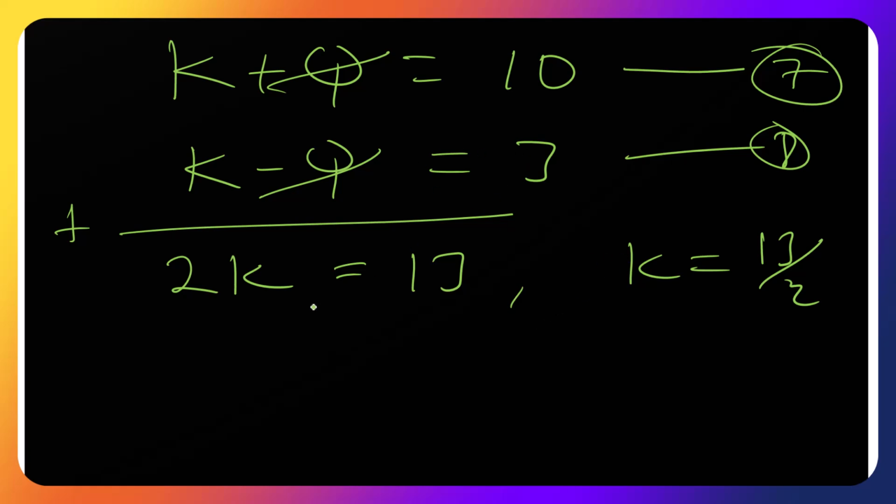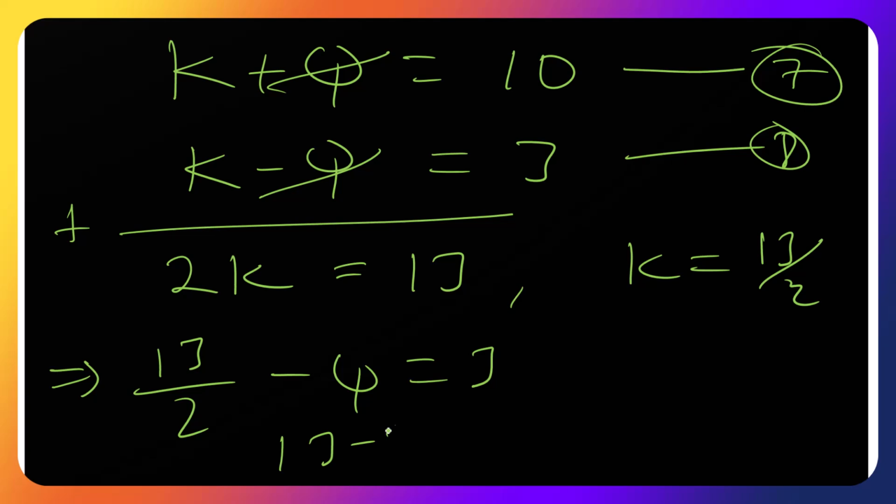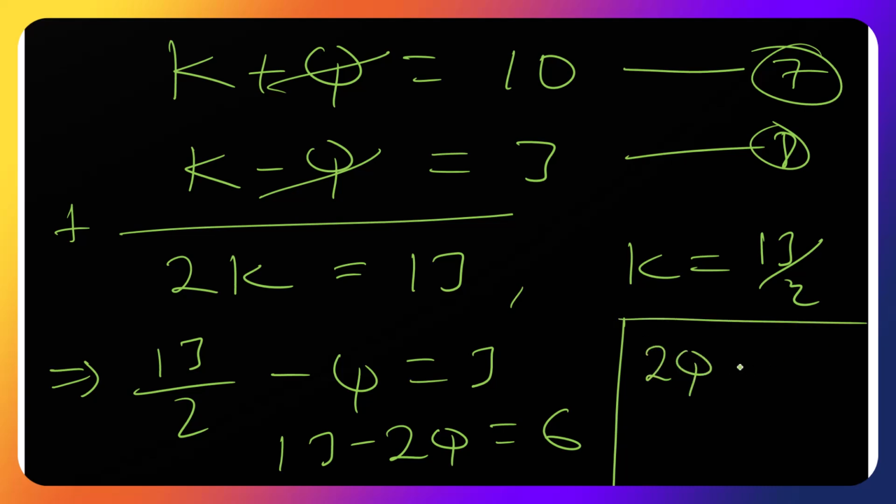Now let's use equation 8 to solve for q. If I plug in 13 on 2 here, minus q equals 3. So that will be 13 minus 2q equals 6. So 13 minus 6 is 2q. 13 minus 6 will be 7. So q is 7 on 2.